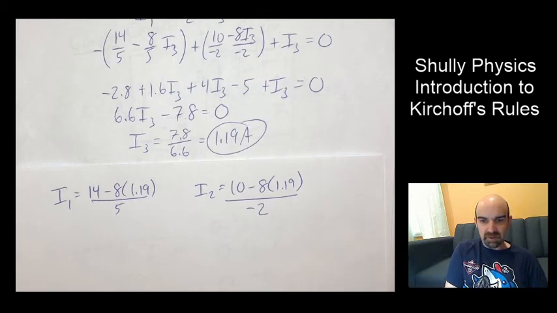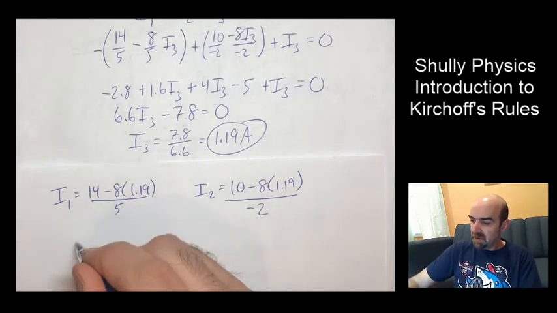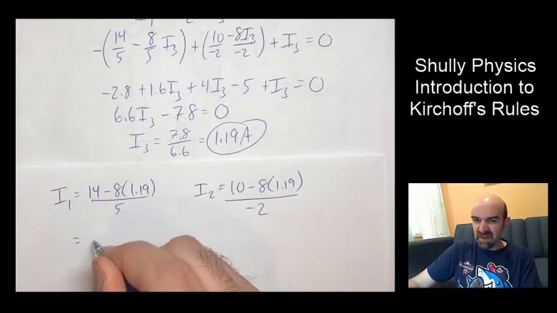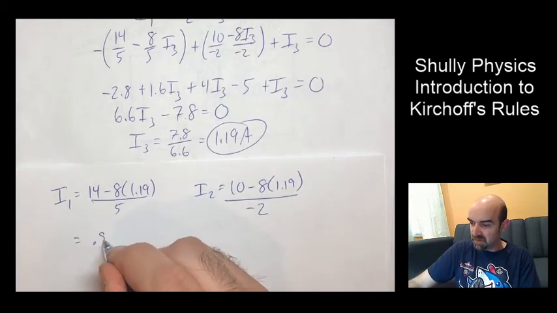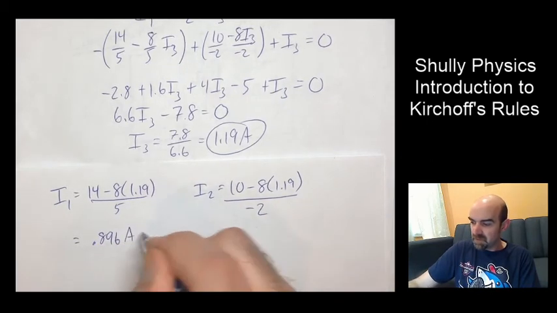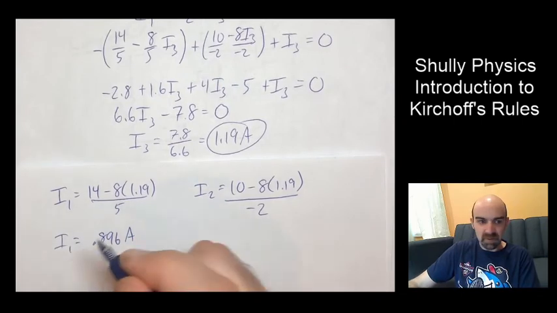1.19 times 8 is 9.52. 14 minus that, divided by 5, is 0.896. Looks like I'm using 3 sig figs, so I'll take that. So I1.